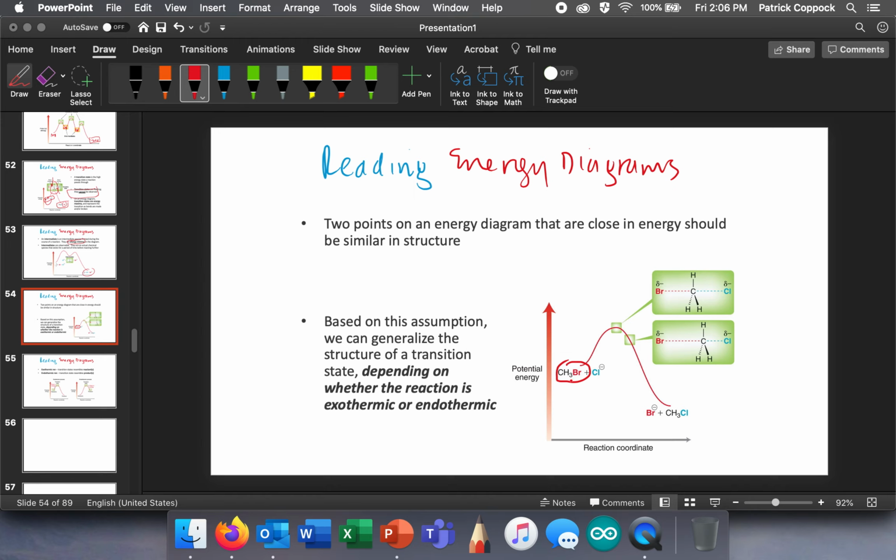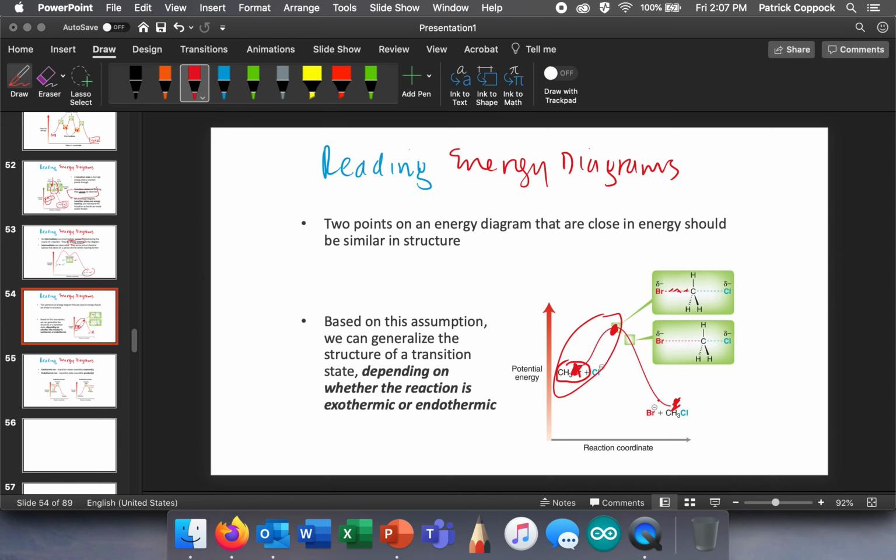Can you see that the energy of this transition state is closer to this energy than to the chloromethane? So consequently, this bromine bond is going to be shorter, because it looks more like the one that it's closer to.